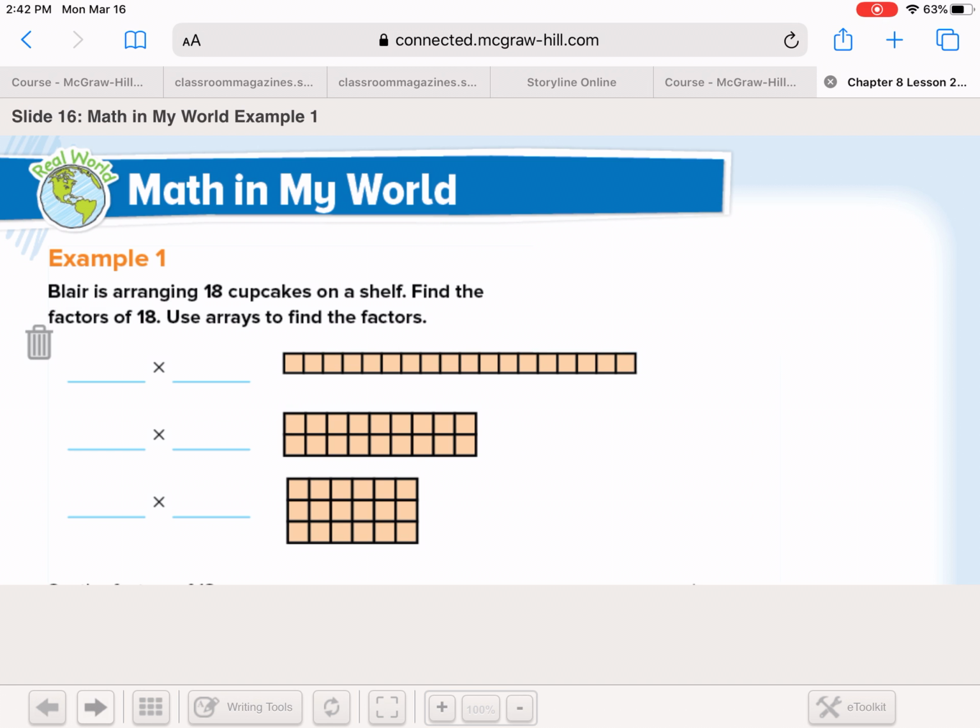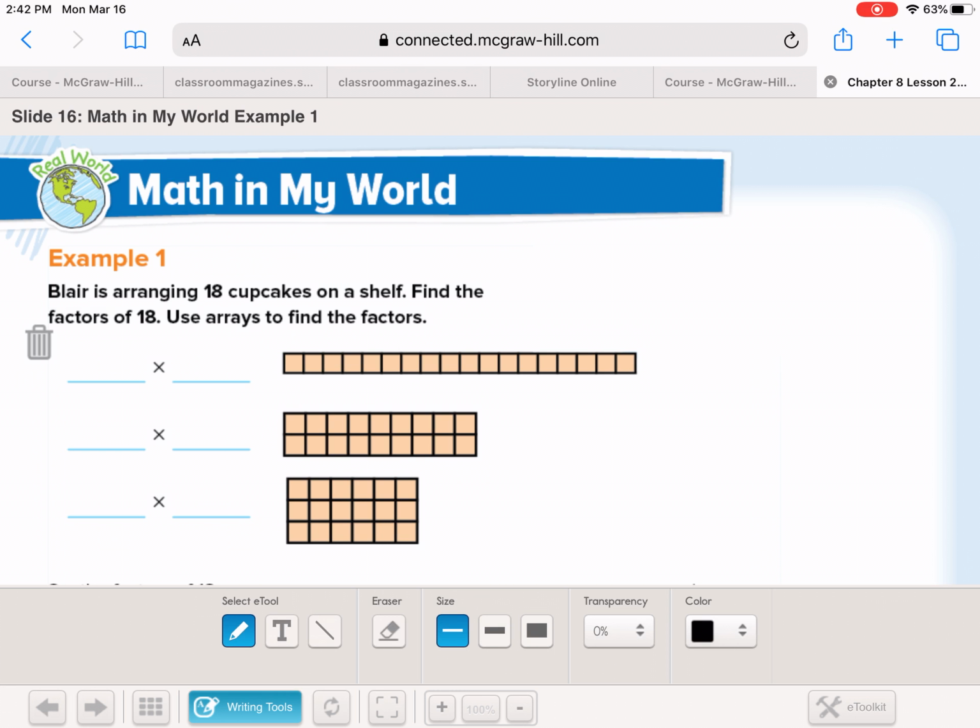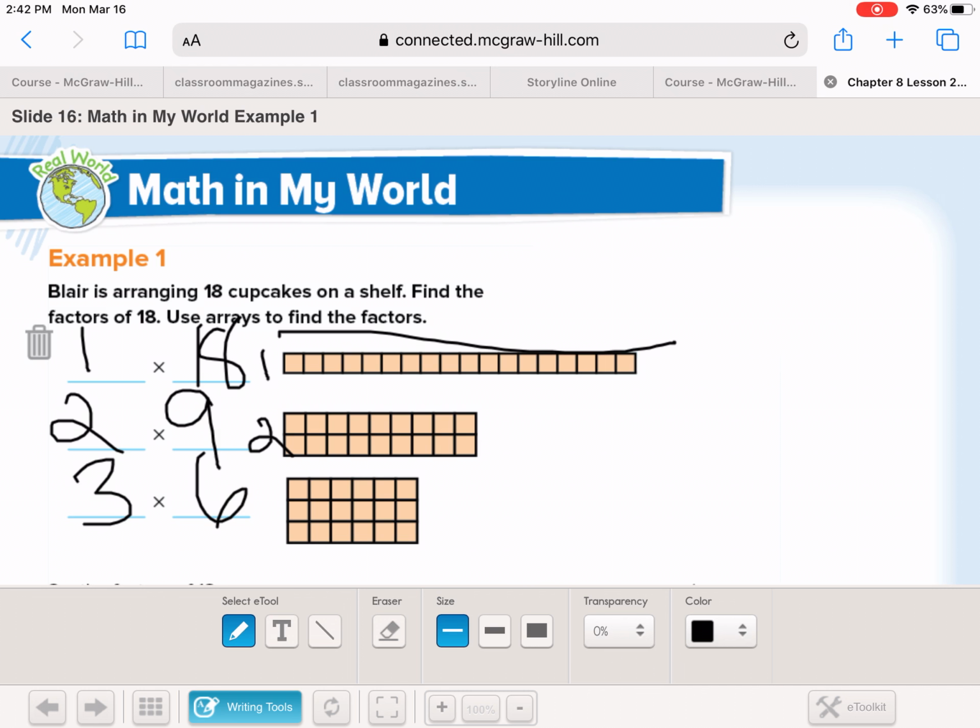Find the factors of 18. Use arrays to find the factors. So how many do we have going across here? We have 18, and we have 1 down. So 1 by 18. Then we have 2 down and we have 9 across. And we have 3 down and we have 6 across.